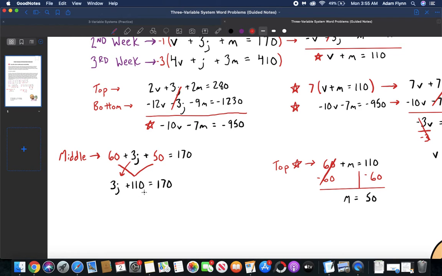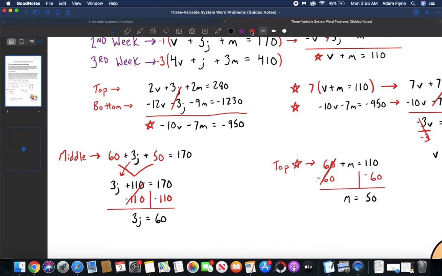I can subtract 110 on both sides. When I do that, 110s cancel on the left side, and I'm left with 3j equals 170 minus 110, which is going to be a positive 60.